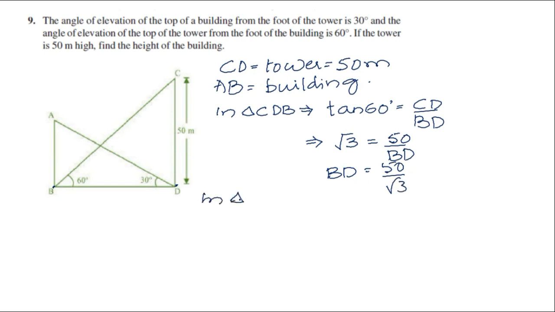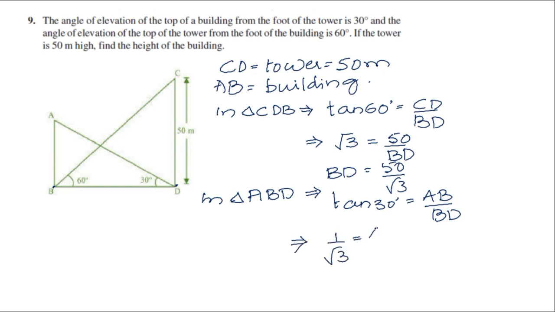Now consider the triangle ABD. In this triangle ABD, we have tan 30 degree equal to AB upon BD. Tan 30 degree is nothing but 1 upon root 3, which is equal to AB upon 50 by root 3, because we have got the length of BD as 50 by root 3.